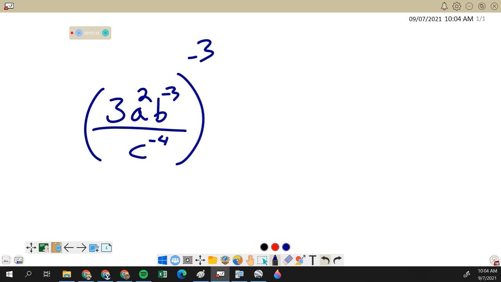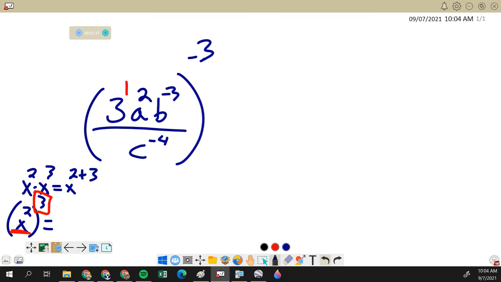Well, what is the rule about raising an exponent to an exponent? Nope. So if I have x squared times x to the third, that's x to the 2 plus 3. But if I have x squared to the third, that means I have 3 copies of this. Right.